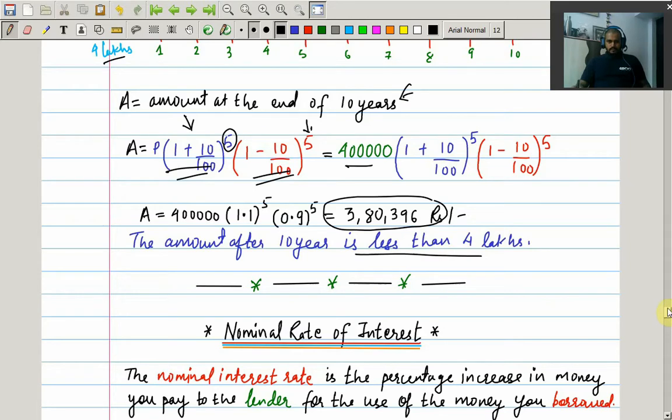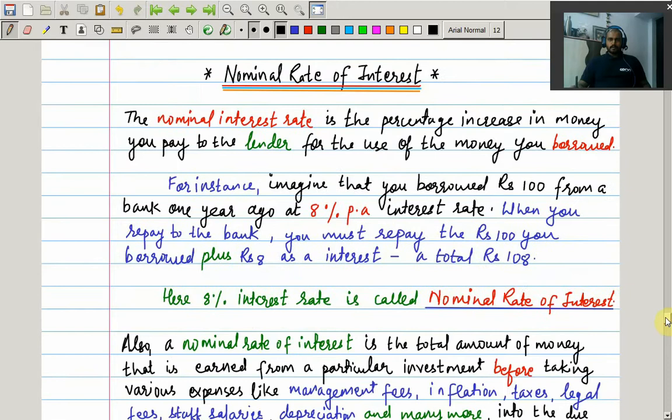So here we have our second topic of Unit 1, nominal rate of interest. Let's see what we mean by nominal rate of interest. The nominal interest rate is the percentage increase in money you pay to the lender for the use of the money you borrowed. For instance, imagine that you borrowed rupees 100 from a bank 1 year ago at 8% per annum interest rate.